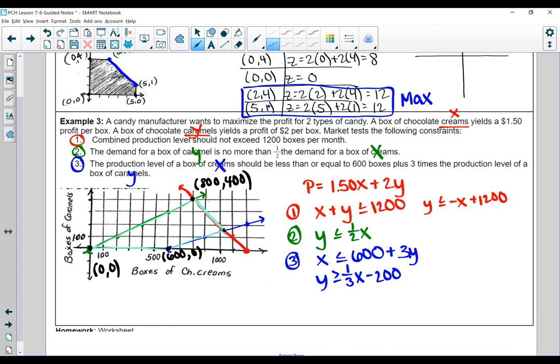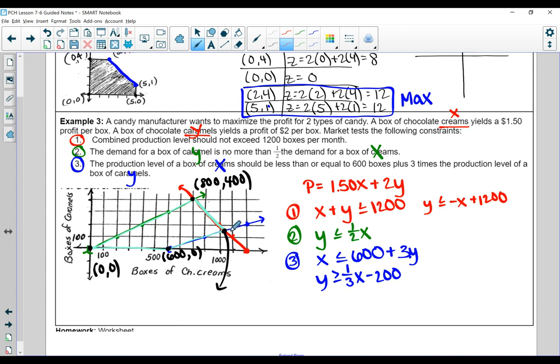Now this vertex right here is a little questionable. Not that I can't find it, but just that it's not as easy as all of the other vertices were. I'm going to actually have to do systems of equations to find this one. So I need to look at what lines are intersecting here.